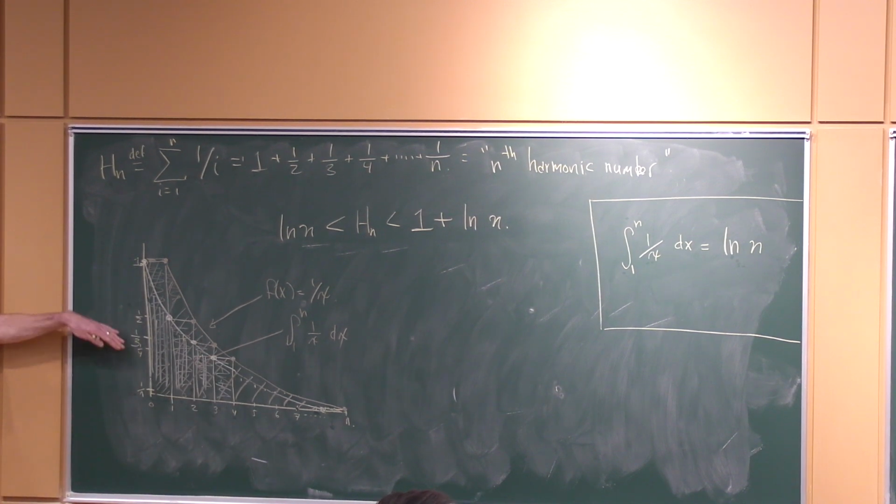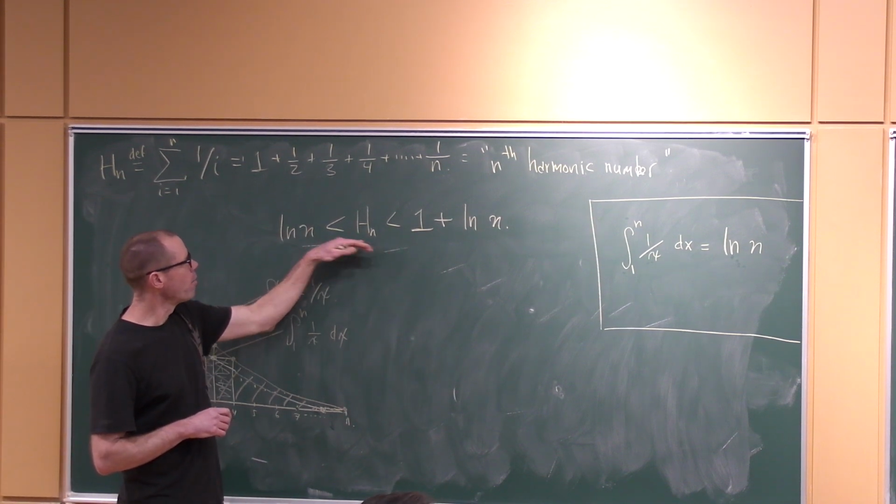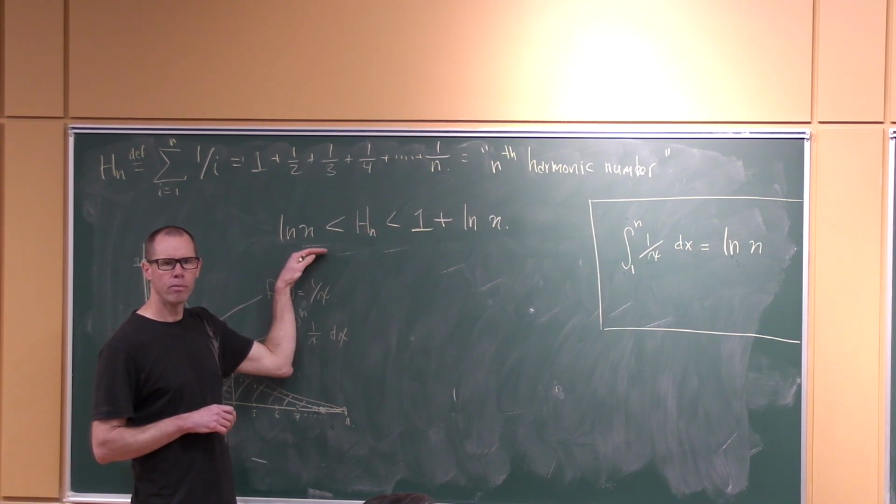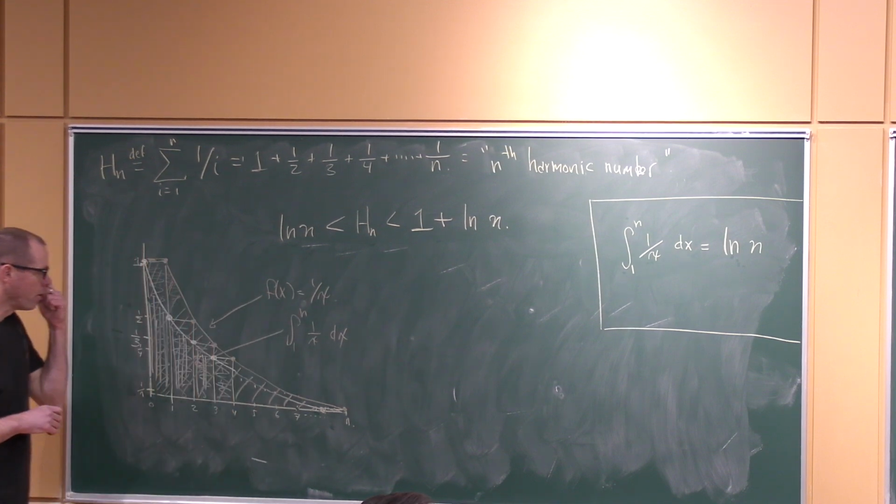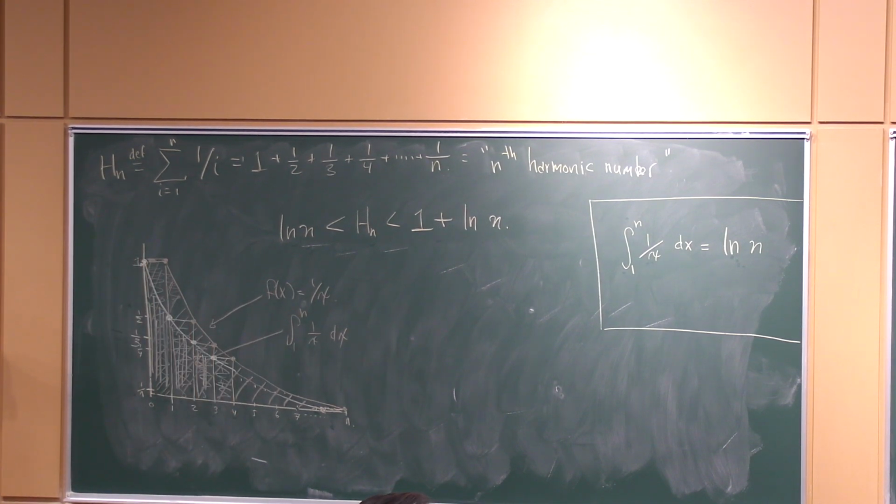Now this technique, how did we sandwich this weird looking sum between two nice formulas? What we used here is a more general technique, which is called bounding a sum by integrals. You'll maybe learn about it a little bit more in a future course.